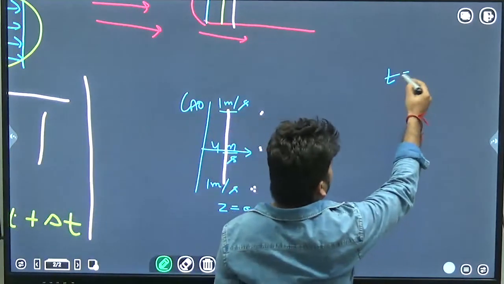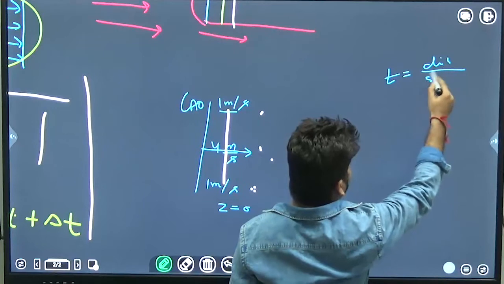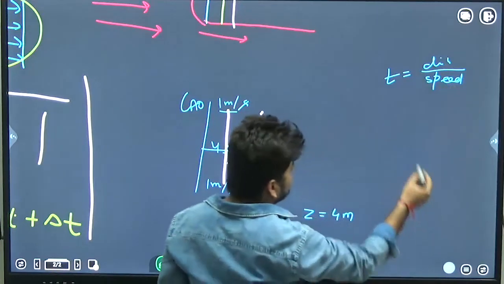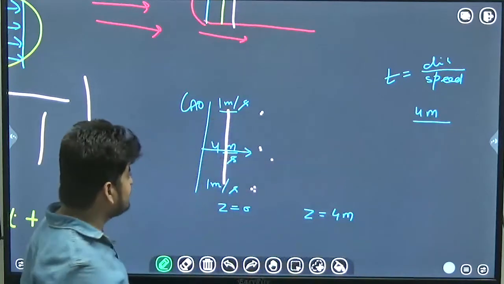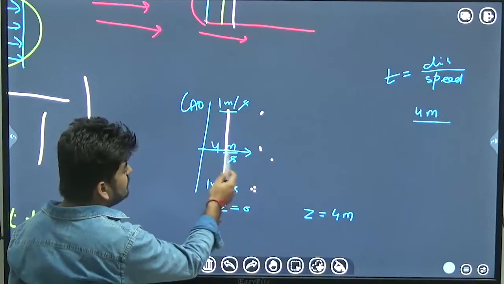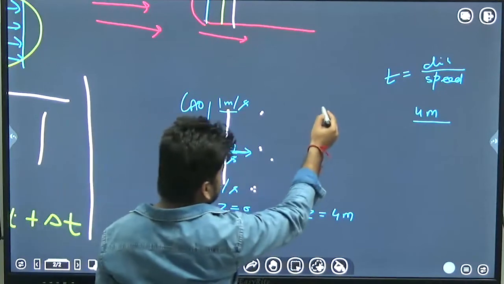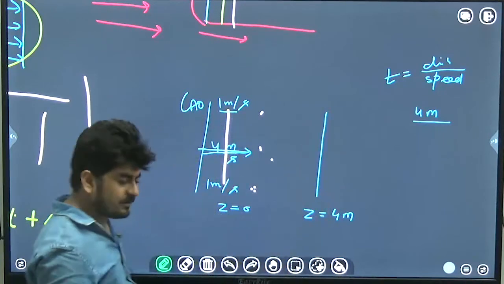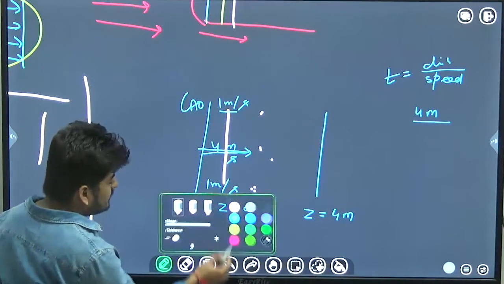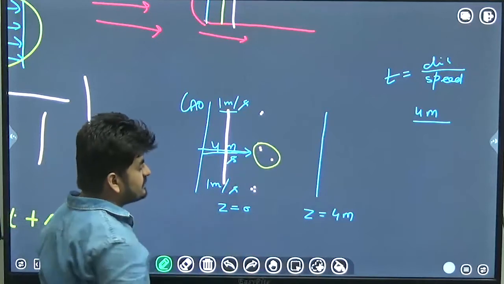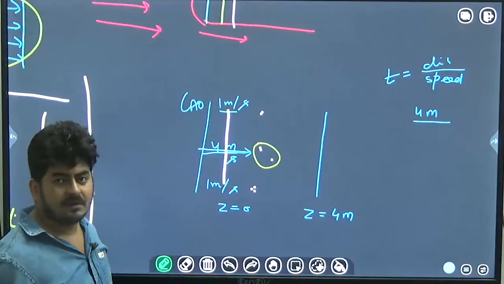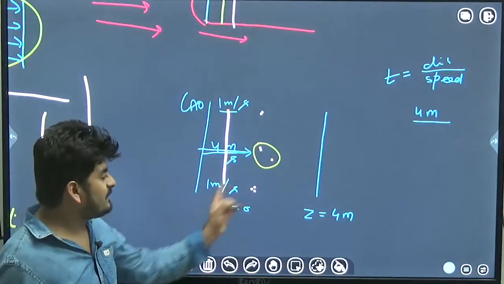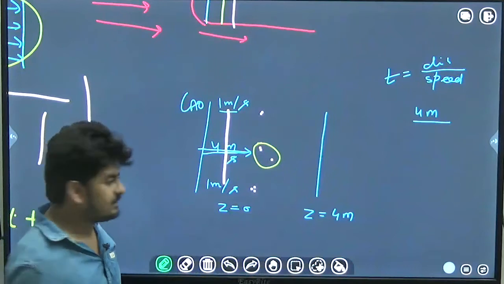What is time? Time means distance over speed. So distance is 4 meter. What is the speed? For the center line molecule, this is the distance 4 meter, guys. Okay. So here, the center molecules are moving with the highest velocity, 4 meter per second. So in how much time will they cover this distance?